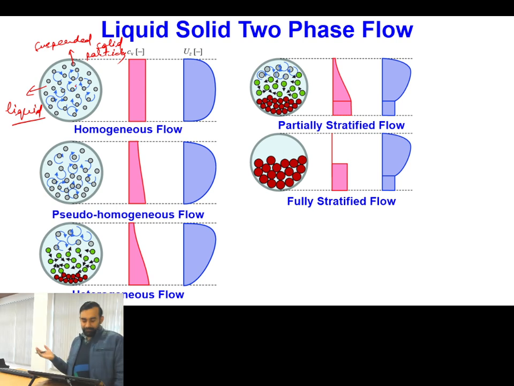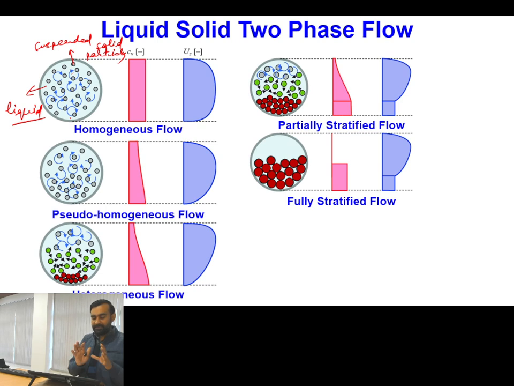Okay, so if we assume a combination such that the size of the particle is small, so that their body forces are not dominating and particles are not settling down, and liquid velocities are sufficient to keep the particles suspended, in this scenario what will happen? We will find that all these particles are homogeneously mixed with the liquid.